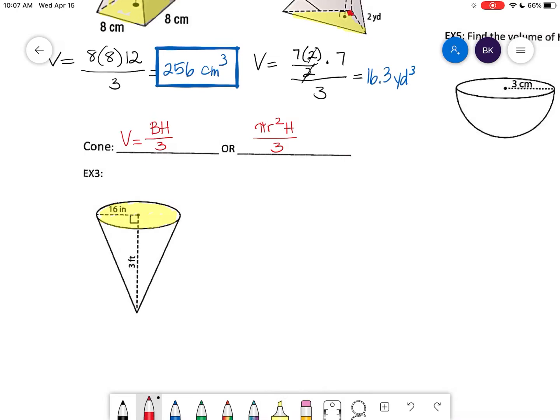Again, the height is given to us, and that's 3 feet, and it drops down from the vertex all the way to the middle of the base, and 16 is our radius. So now we have everything we need to find the volume.